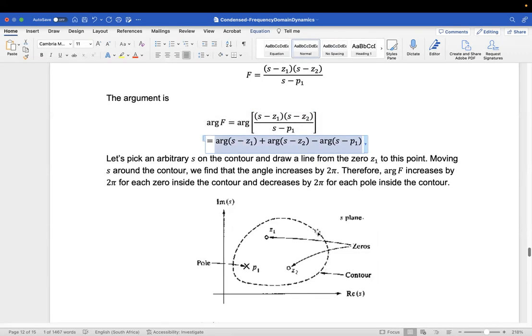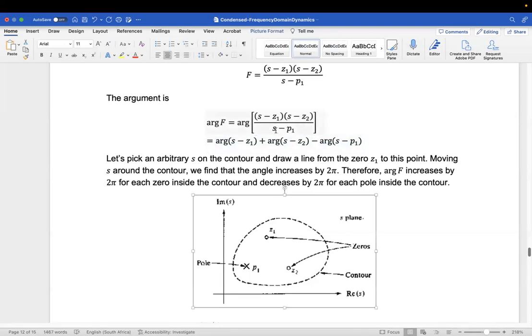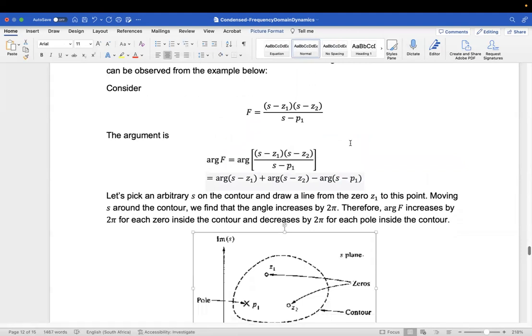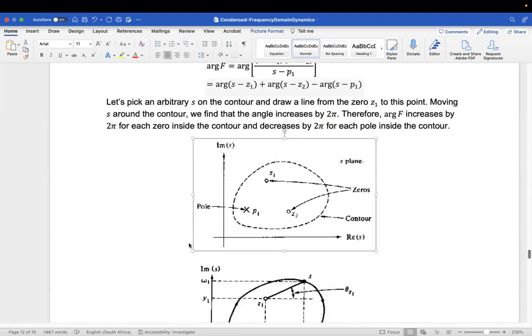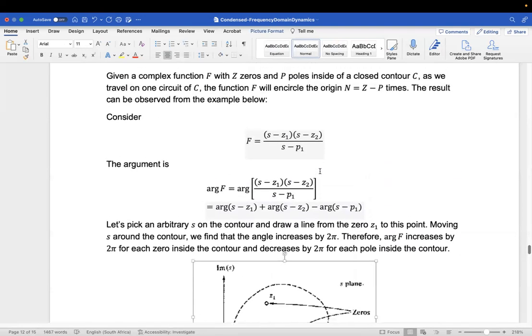Then we can see we will increase by 360 degrees for each 0, and we will decrease by 360 degrees for each pole. So that's why we say that the number of times F will go around the origin will equal the number of zeros minus the number of poles.